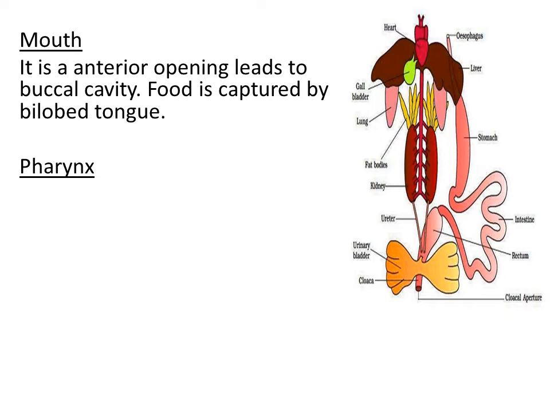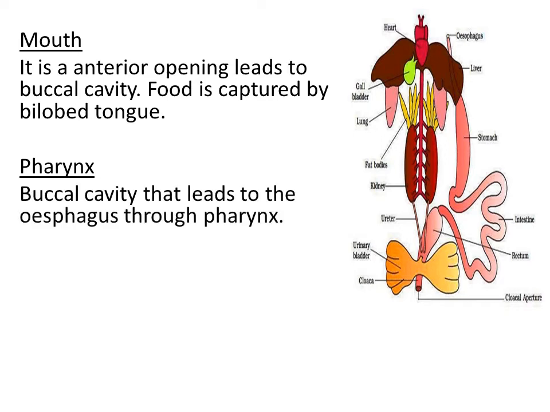So it makes the food slippery. Because of this, the slipping of food easily takes place to the further part of the alimentary canal. So the buccal cavity leads to the esophagus through this pharynx, right?